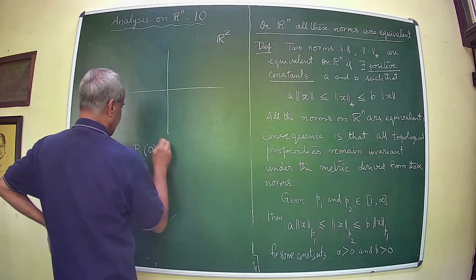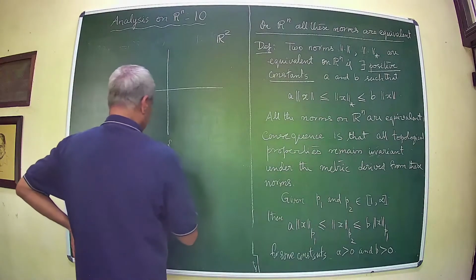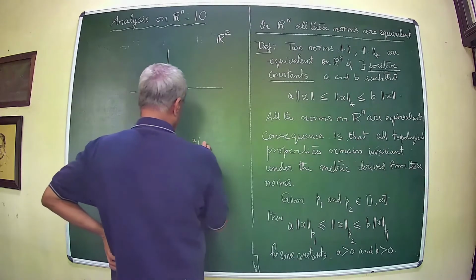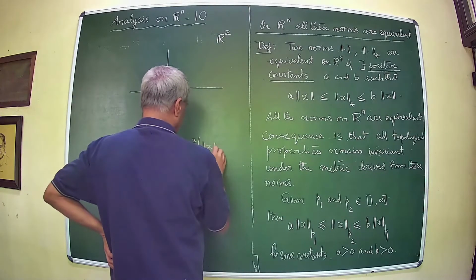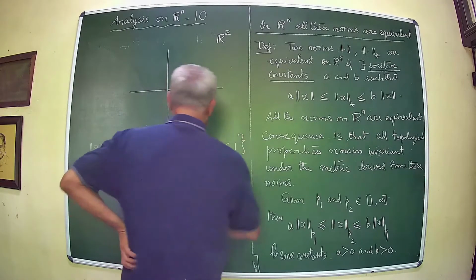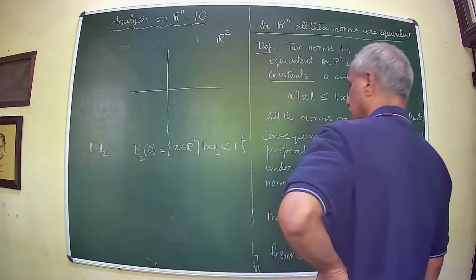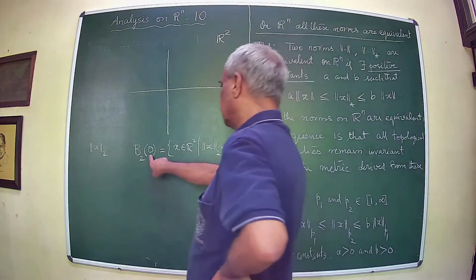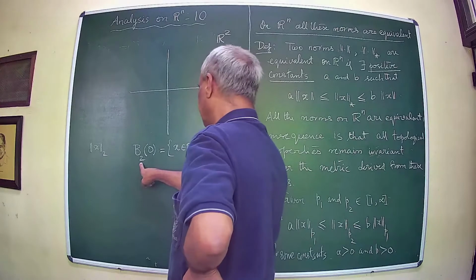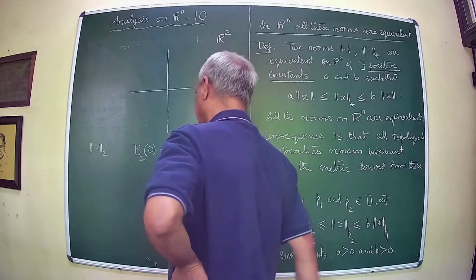So you define it as... what is the unit? 0 is the center, and this is the 2 norm that you are using, and that is the notation.